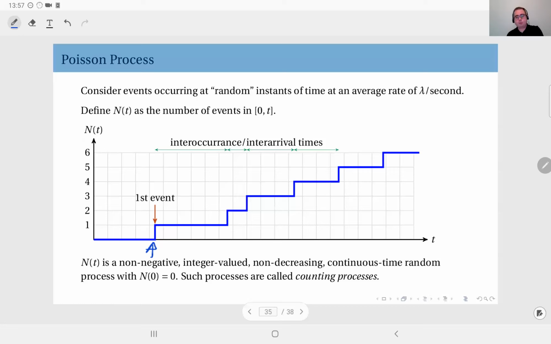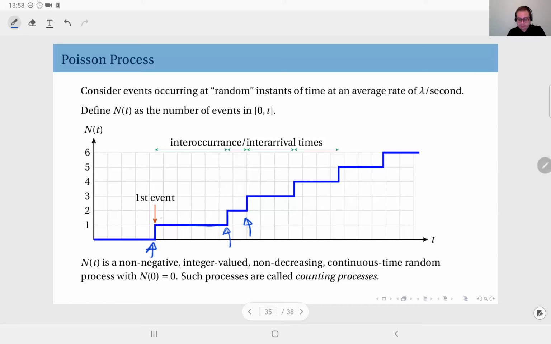It becomes 1, okay? And up to this point, which is the arrival of the second event, it stays at 1. And at this point, it jumps to 2 and stays there until this point, which is the arrival of the third event, at which point N(t) becomes 3. And so on. It goes on like this.